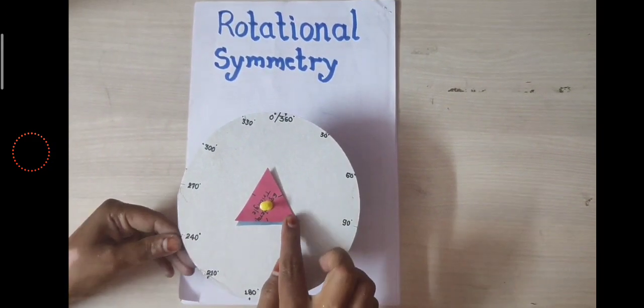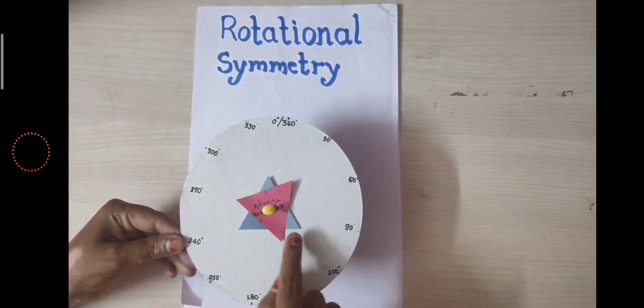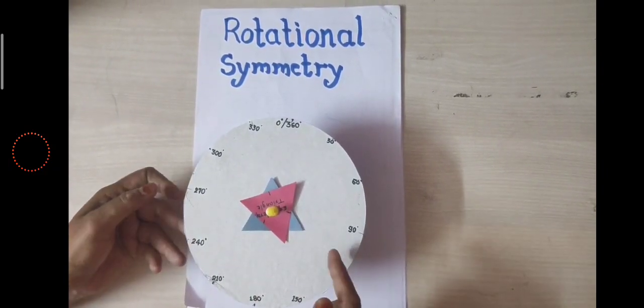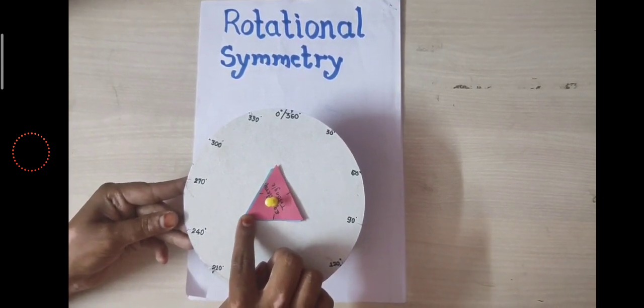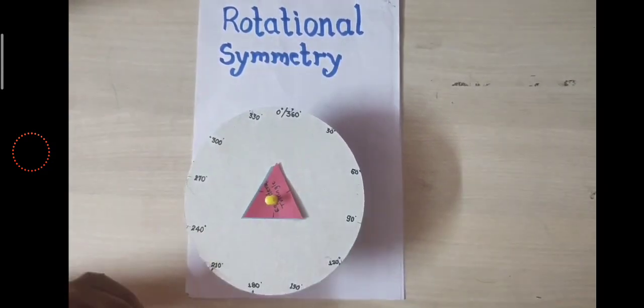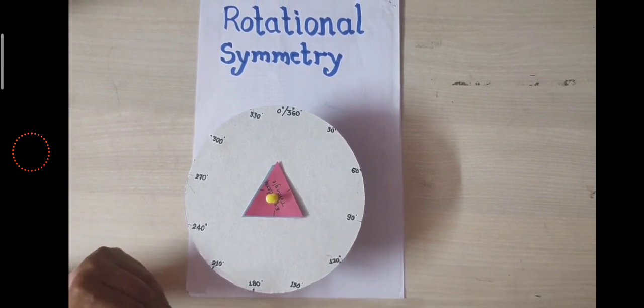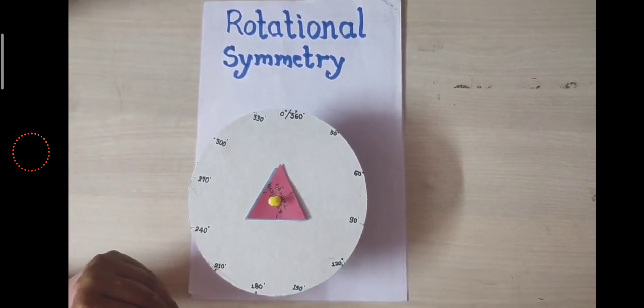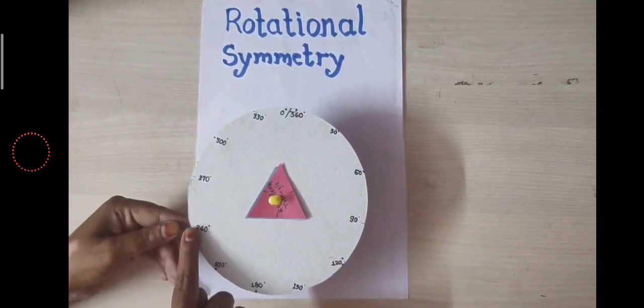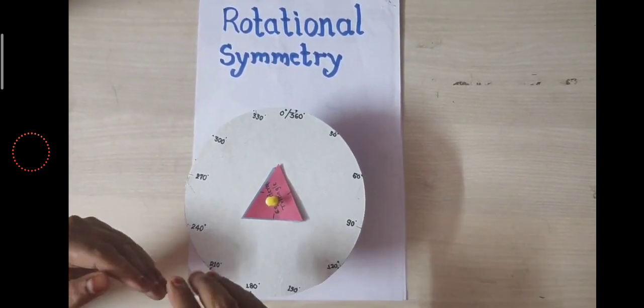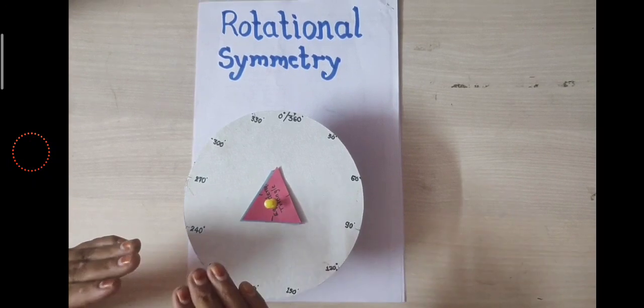Once you rotate the figure from 0 to 360, that will be one complete rotation. As soon as I leave the 120 degree angle, my blue colored original one appears behind. Then it is hidden behind the pink one again when it came to 240 degrees. So once it happened at 120 and the second time at 240. So every time a 120 degree rotation is taking place.